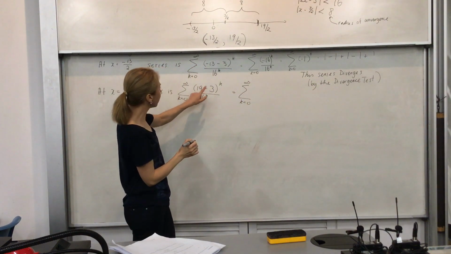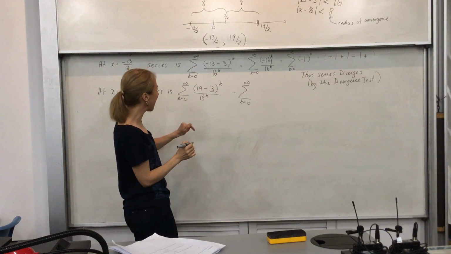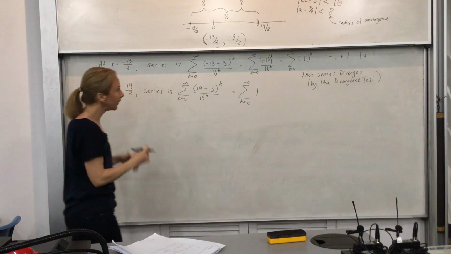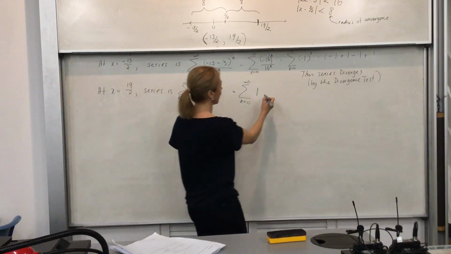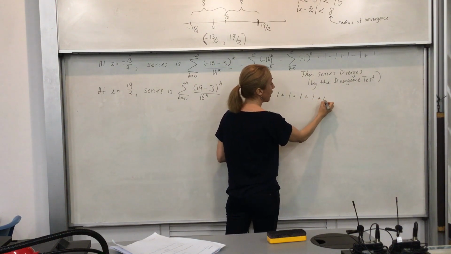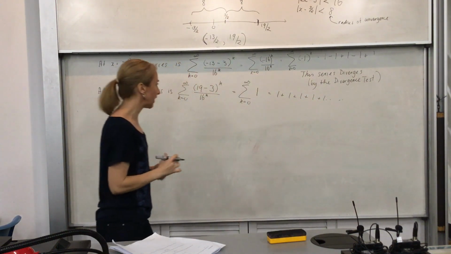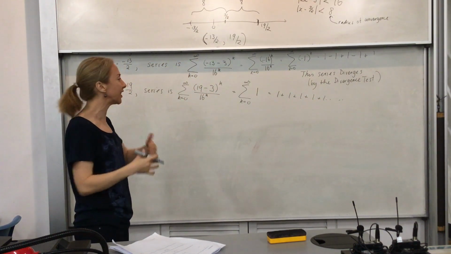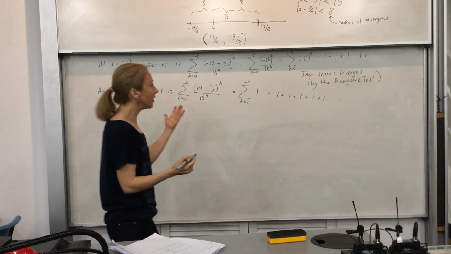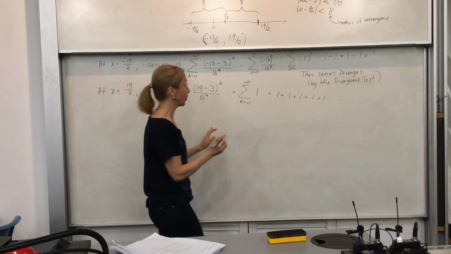So we have 16 to the k over 16 to the k, and that is in fact just 1. So again, that series is just going to look like 1 plus 1 plus 1 plus 1 forever. Clearly that is not going to converge to anything. It's going to get bigger and bigger indefinitely. So this series likewise diverges.